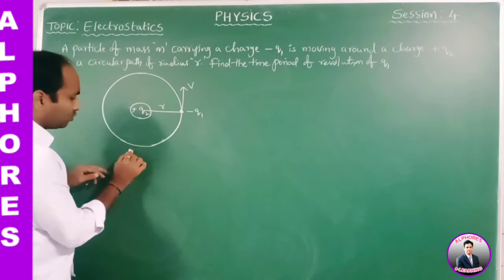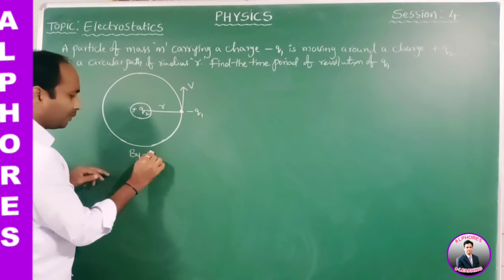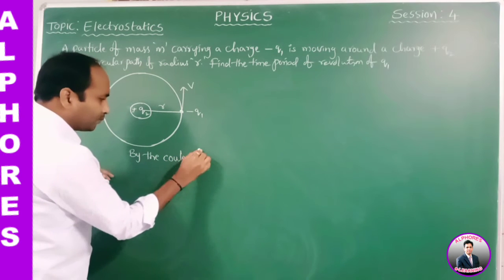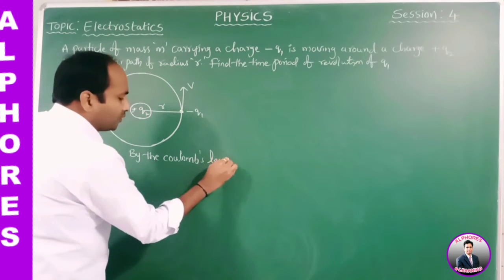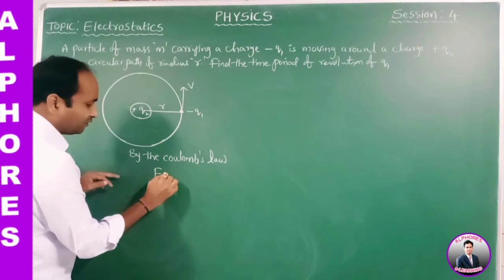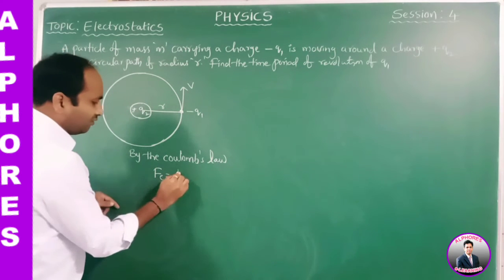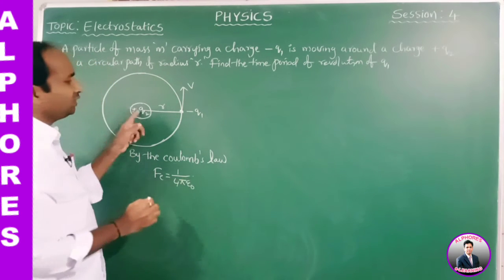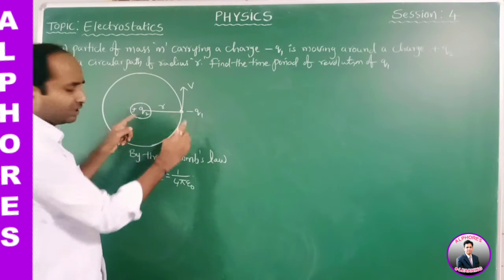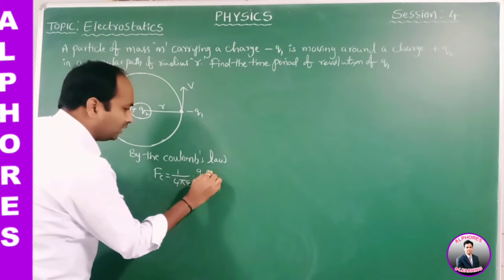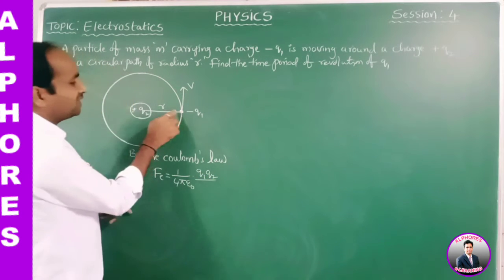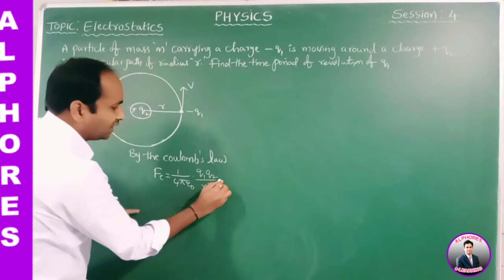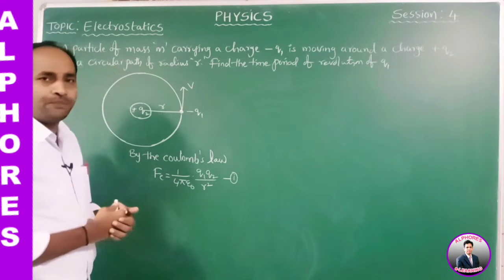By Coulomb's law, the electrostatic force between these two can be written as 1 by 4 pi epsilon naught q1 q2 by the distance, which is equal to the radius of the circular path, r square. Let us take this as equation number 1.